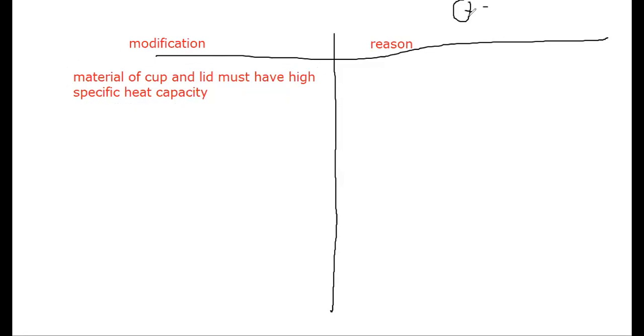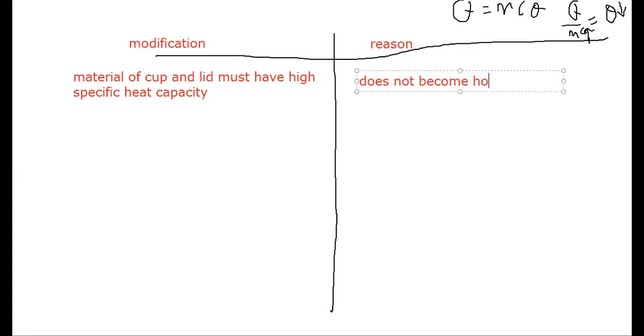Q equals mc theta. So Q over mc equals theta. So higher specific heat capacity means smaller change in temperature. That means it doesn't become hot easily. So you can say does not become hot easily.